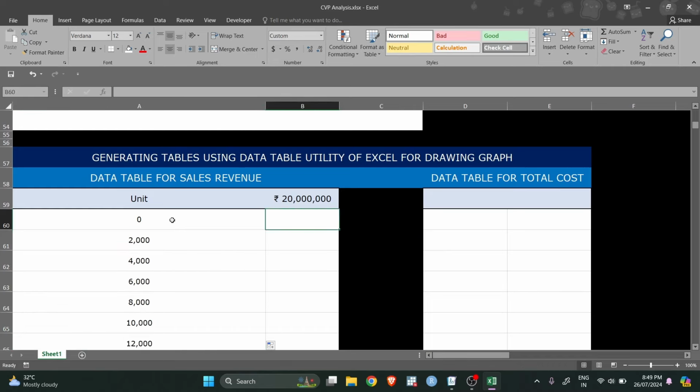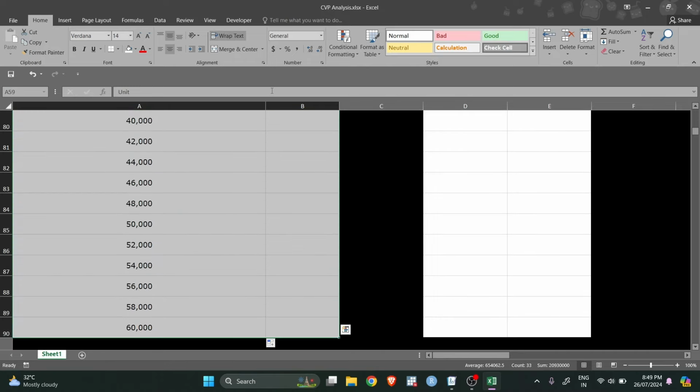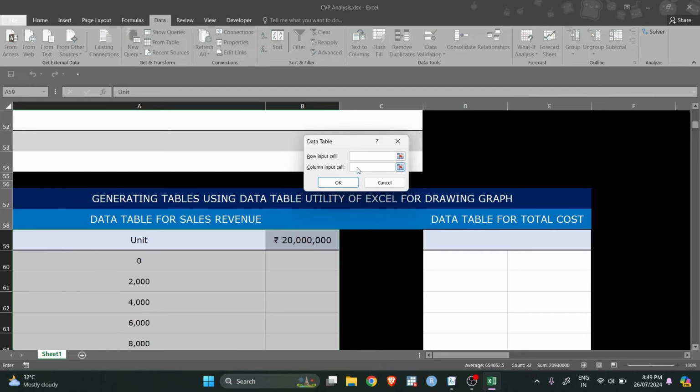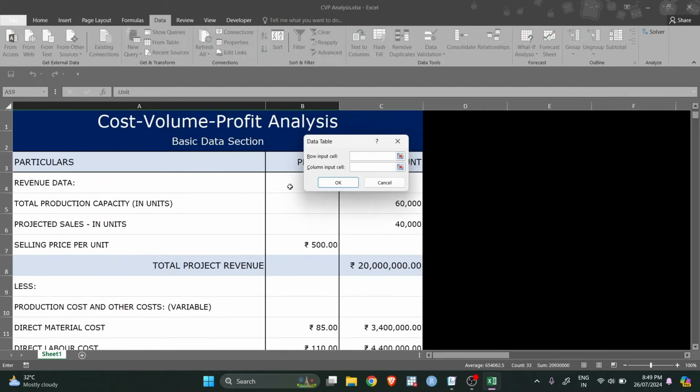Now I will select this whole table, then go to data, what if analysis, data table, column input cell. For this much quantity, I have got this total revenue.